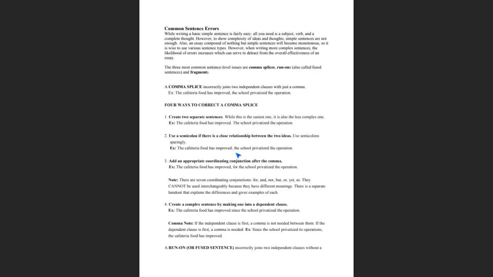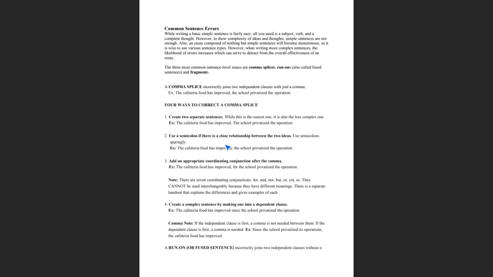If you use a semicolon, you do not need to capitalize the word that follows the semicolon, but you want to use this option sparingly. Only use a semicolon to join two independent clauses if those two sentences are closely related. If they are not closely related, you don't want to use this option.